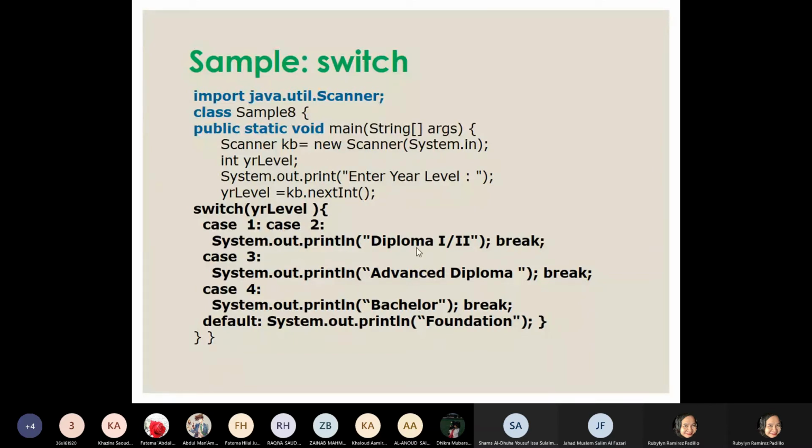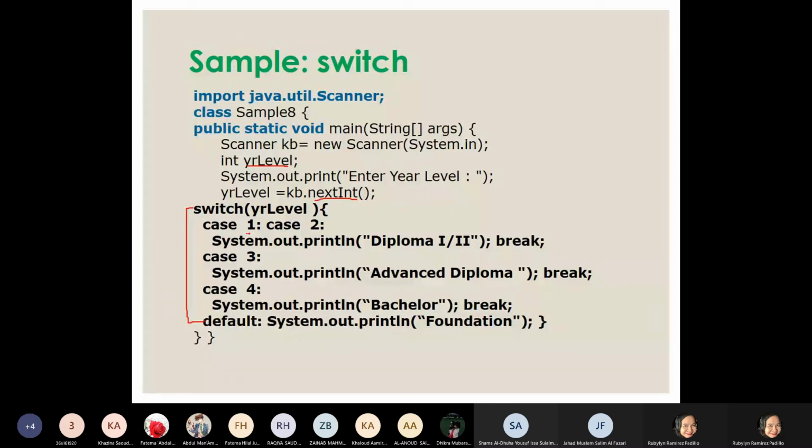This example will allow you to enter the year level of the student. So let me just highlight that. This will allow you to enter an integer value, which is the year level of the student. After you enter using nextInt, of course, you are to apply switch statement, which will be case 1 and case 2.